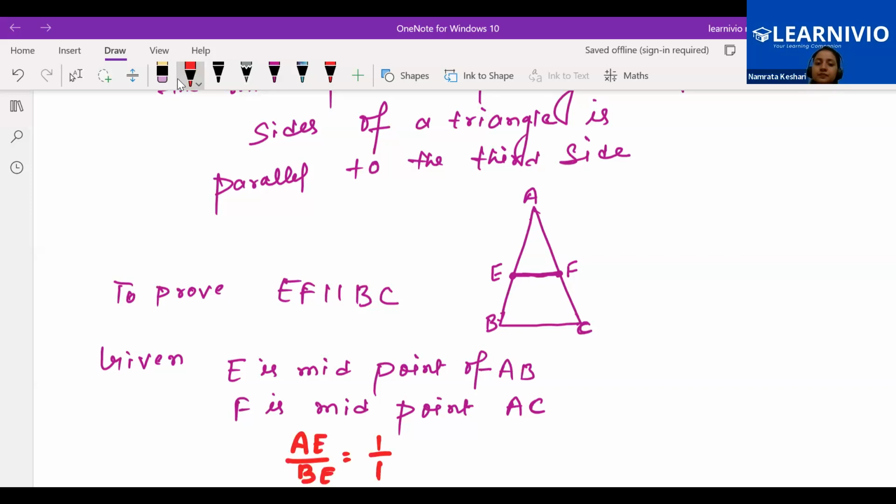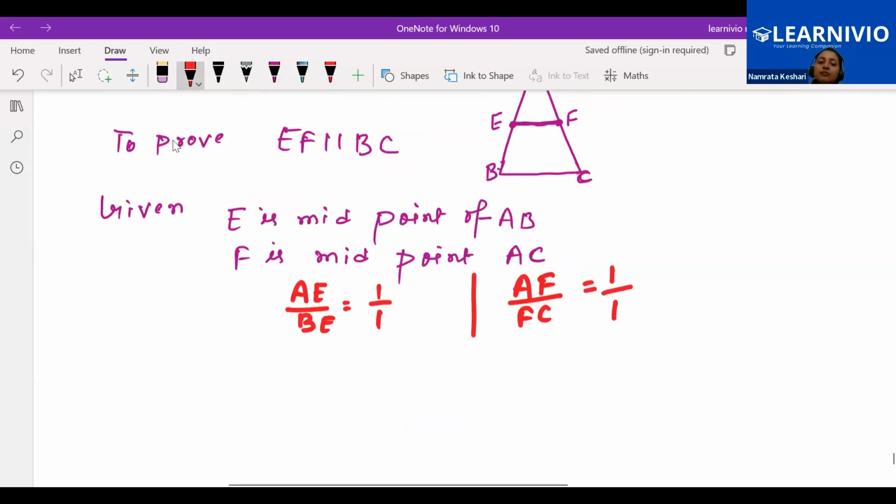Yes. Similarly, if separately we find AF by FC, we don't know the ratio, but since both are the same, it will be 1:1. And if both are 1:1, then can we write that AE by BE is equal to AF by FC, because both have the same ratio, 1:1?